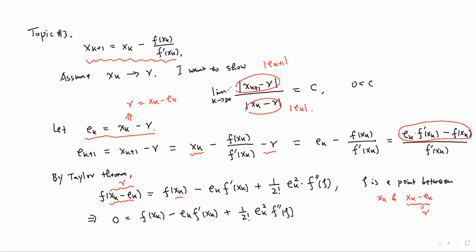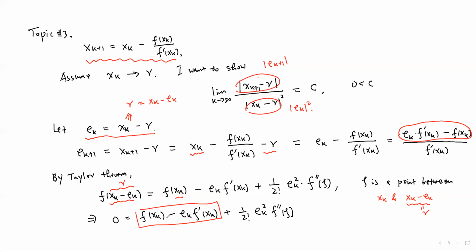I'm sorry. Here, for quadratic convergence, the denominator should have the power be a square, so here is the absolute value of e_k squared. Actually, you see, the first two terms are the numerator, but the sign is opposite.